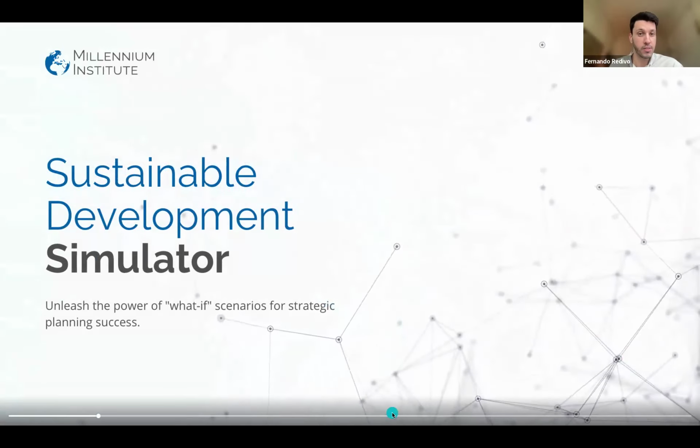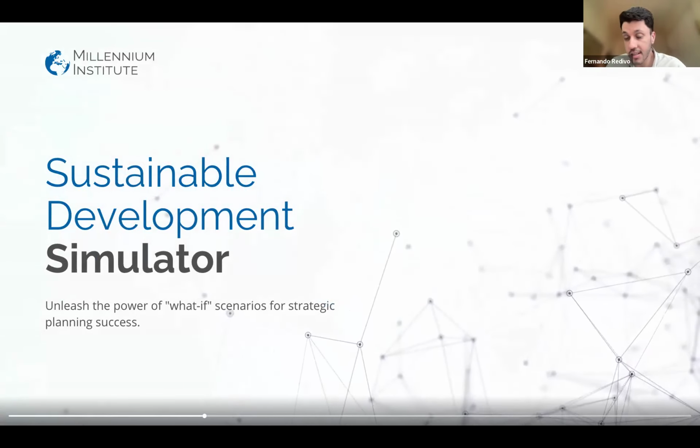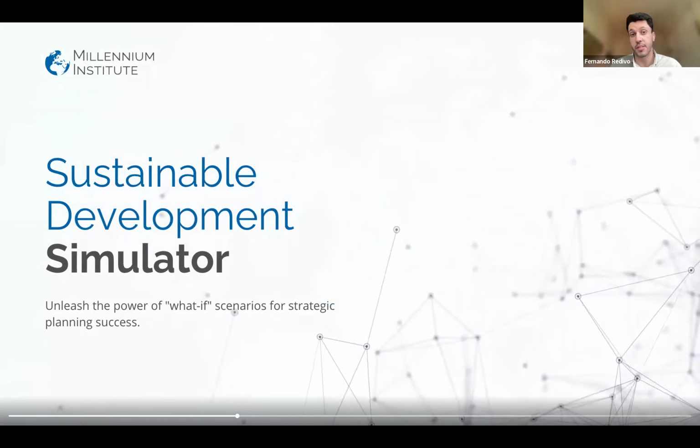So the Sustainable Development Simulator is a system dynamics model that leverages data to simulate the long-term impact of policies. Basically, we help policymakers visualize potential outcomes of decisions through different scenarios.